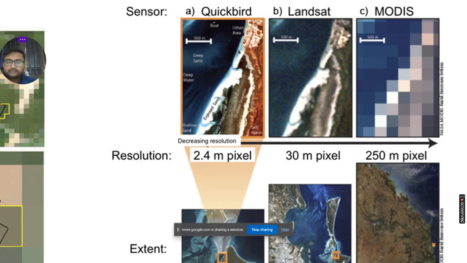If I'm working at the state level, then Landsat will also work well because it gives images at 30 meter. So depending on what you are doing and at which level, it will define which resolution to use for which kind of application, which we will see further after learning all the types of resolutions.